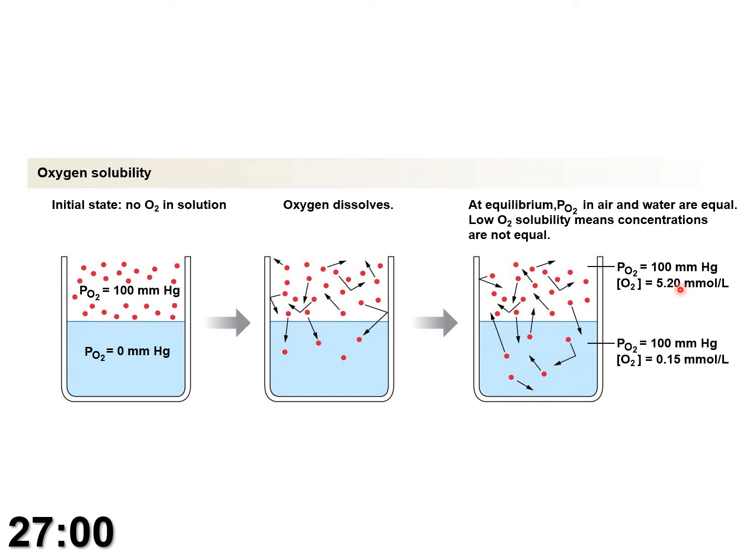So at identical pressures, when we have achieved equilibrium, 100 millimeters of mercury in water is 0.15 millimolar, 3% of the atmospheric oxygen. So even though they have the same pressure, because they're at equilibrium, they have different concentrations. That's solubility, and that becomes a life or death thing.